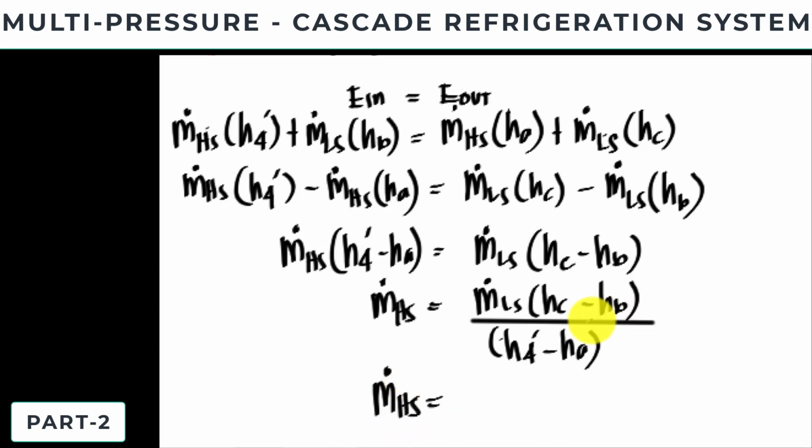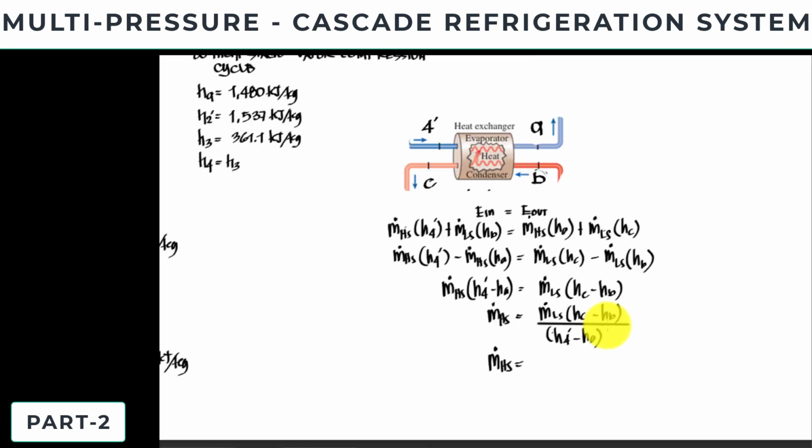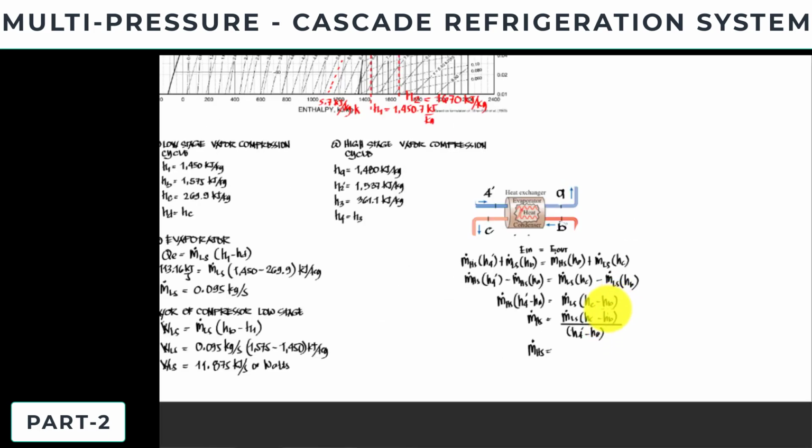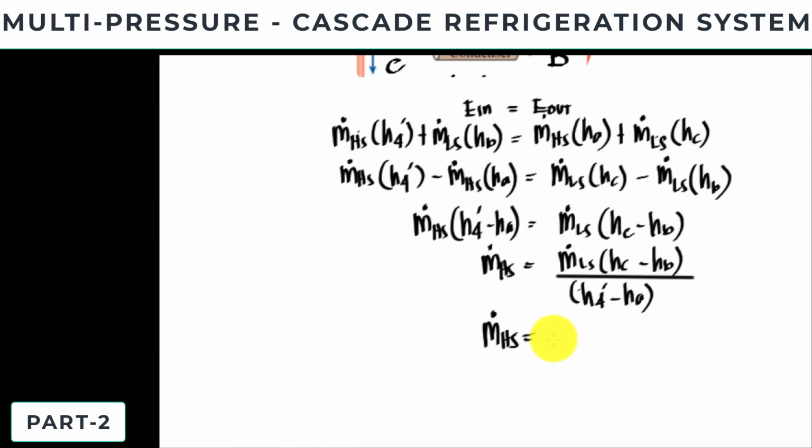So for the values, for the low stage, the mass flow rate we already got is 0.095 kilogram per second.